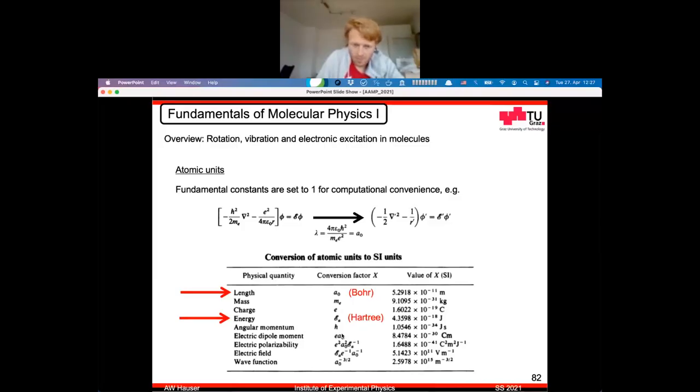A Hartree is a pretty big energy unit, and you can remember, the ionization energy for the hydrogen atom is 13.6 eV. This is half of a Hartree. By definition, it is half a Hartree.